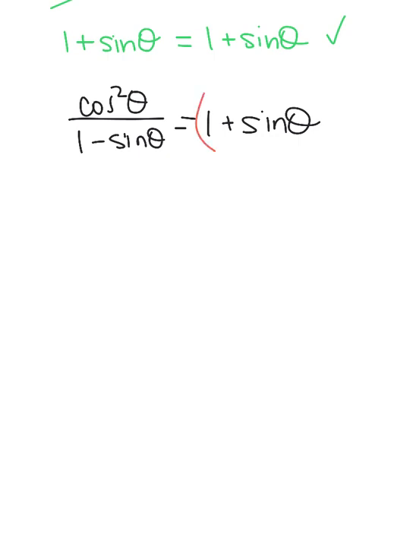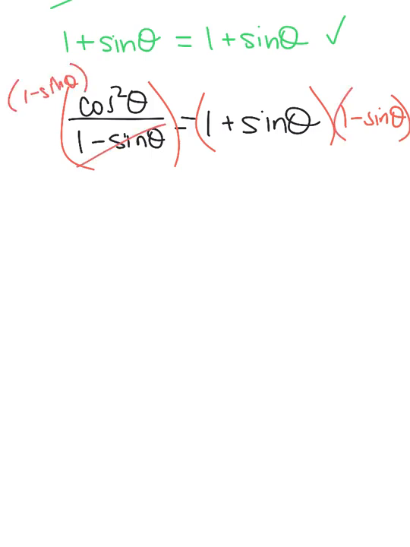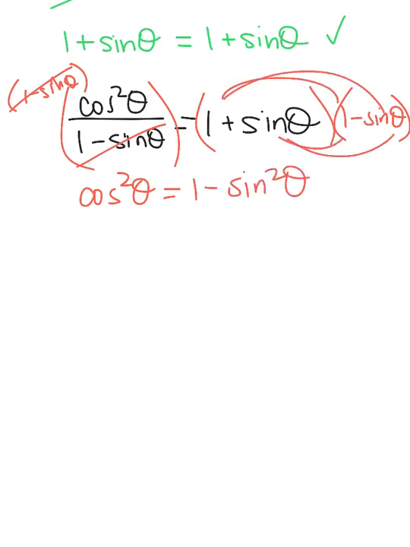Students will multiply both sides by 1 minus sine theta, and then say cosine square theta is equal to 1 minus sine square theta after they FOIL, and therefore cosine square theta is equal to cosine square theta. And they're like, yay, I did it.